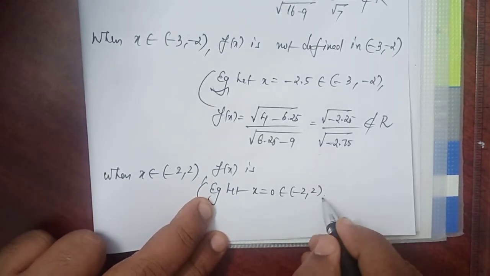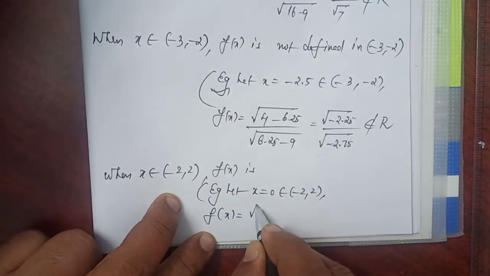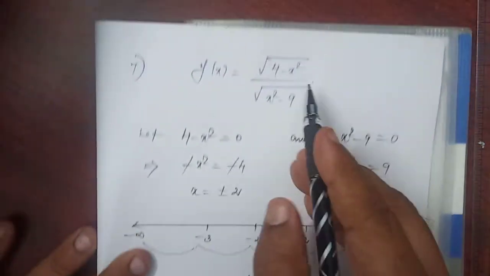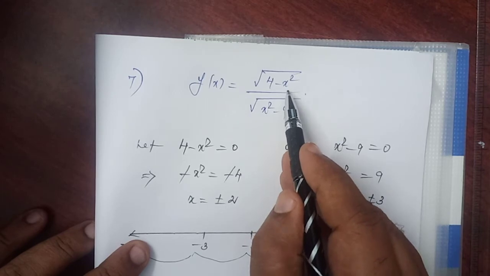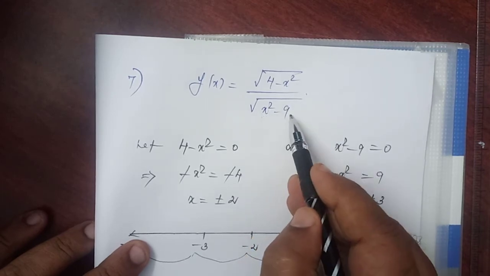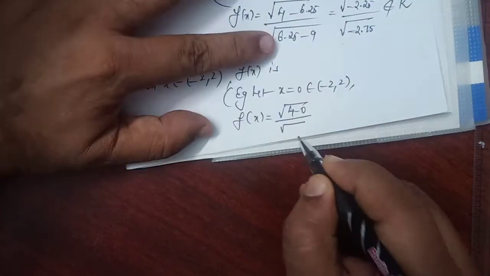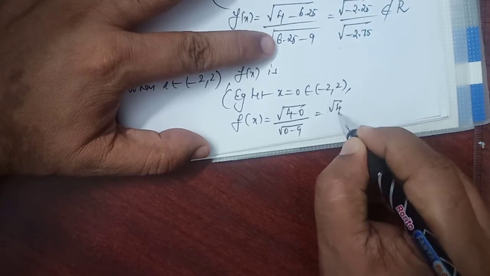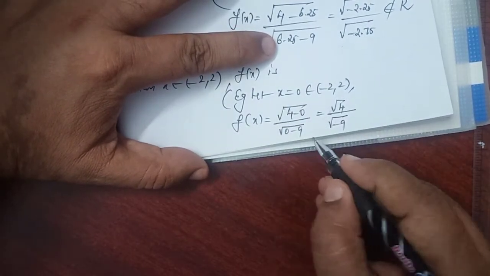Then f of x is equal to square root of, substituting x equal to 0, 0 square is 0, 4 minus 0, divided by root of 0 minus 9. 4 minus 0 is root 4, and here minus root of minus 9.